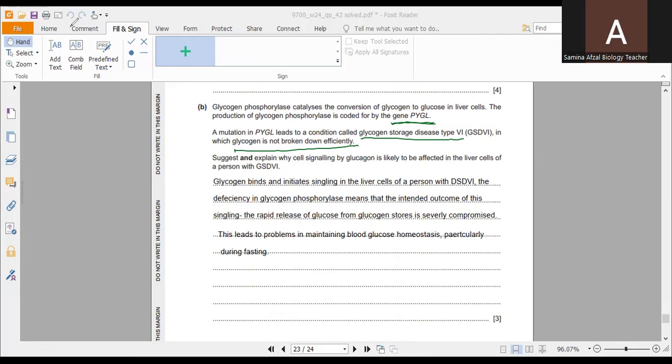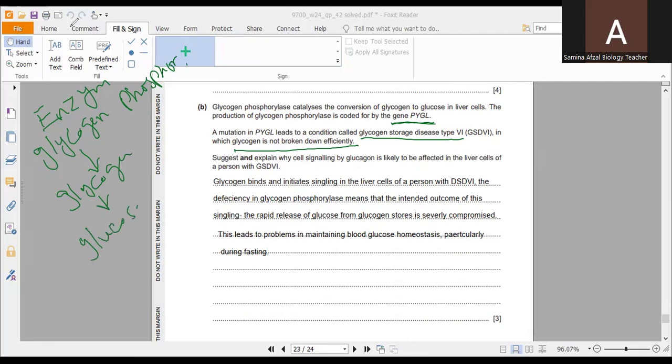So as in the question, it is clear that this enzyme, glycogen phosphorylase, helps to break down the glycogen into glucose. So here, cell signaling by glucagon.